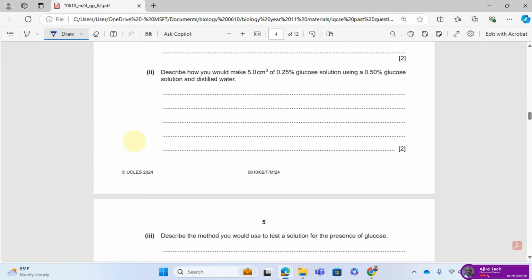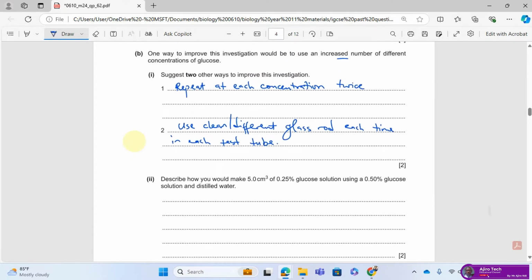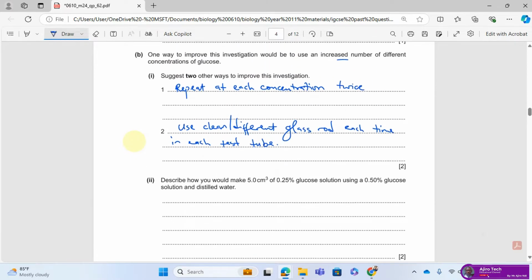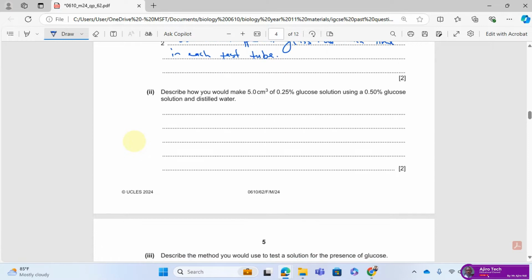Now it says other things that we can actually do to improve the investigation. It says describe how you would make 5 cm cube of 0.25% glucose solution using 0.50 glucose. So the original glucose solution we have is 0.50. We want to reduce the concentration in percentage by half and make 5 cm cube of it. So we have to dilute it with water.